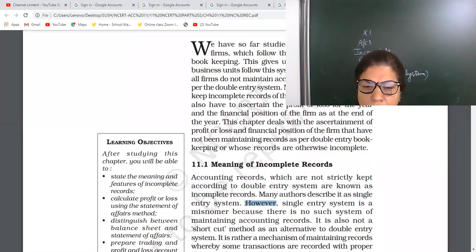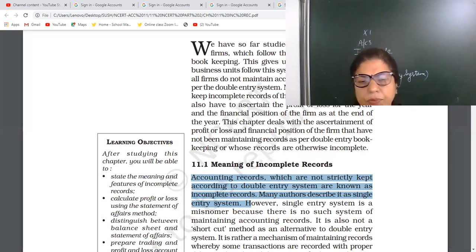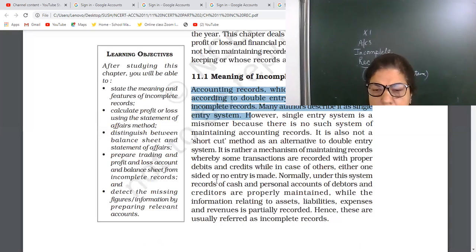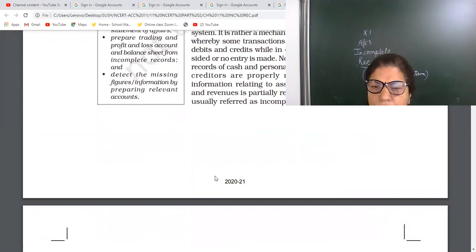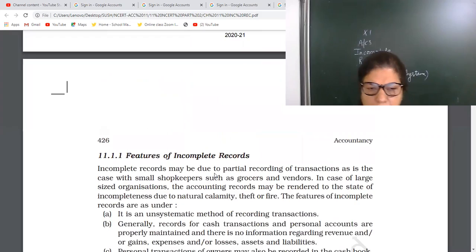That's why some say this is the single entry system. This system is suitable only for small businessmen because they keep just a few records, not the complete records. That's why it is known as incomplete.